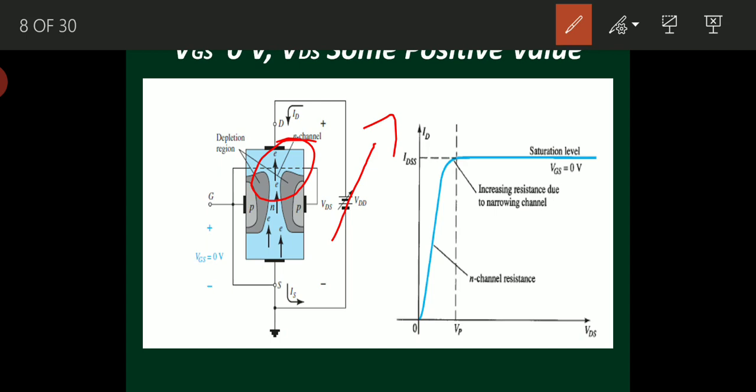A finite small gap will still be present there. So all the electrons accumulate here in the channel, and only a constant number of electrons will move towards the drain terminal.